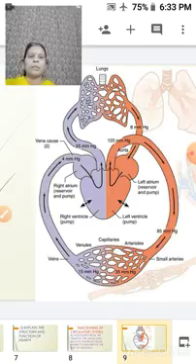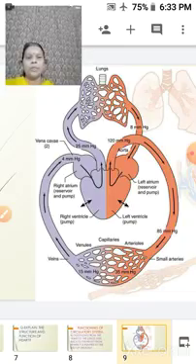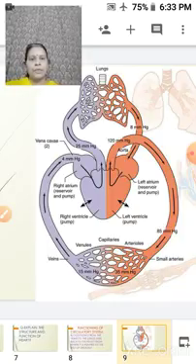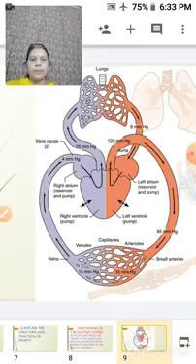When the heart relaxes, the deoxygenated blood is collected from the different parts of the body through the veins, and then it reaches the heart in the right auricle. At the same time, the oxygenated blood is received from the lungs in the left auricle. So this is how it takes place.